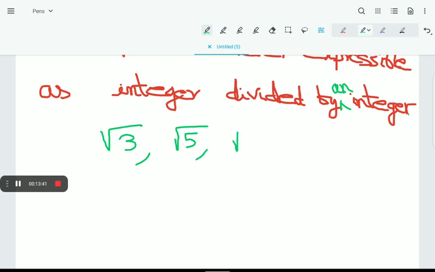You may say square root 9, but that's not correct because square root 9 is 3 and 3 is 3 by 1, so it is integer by integer. So root 3, root 5, and something called pi, that is the ratio of circumference divided by diameter of a circle, and other numbers. There are in fact infinitely many of them, but we have just produced a few of them.